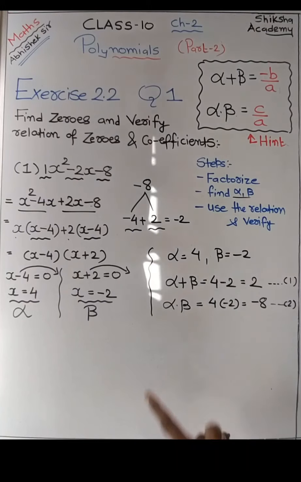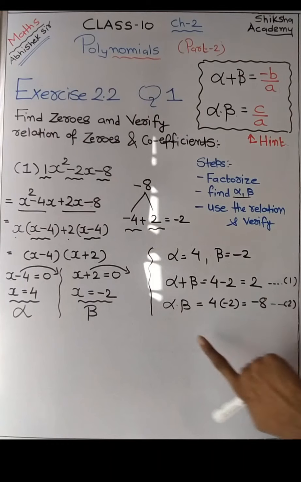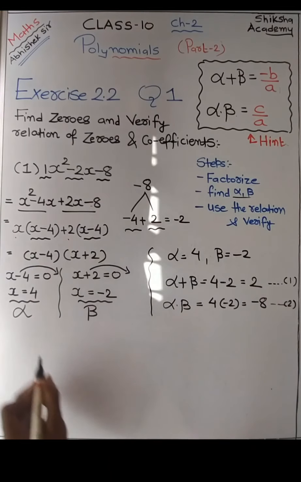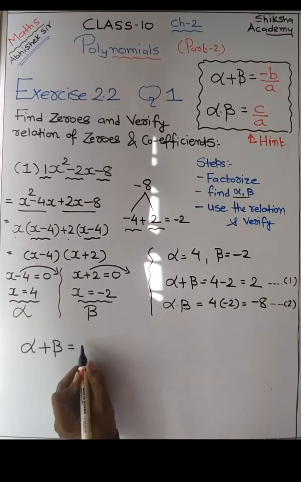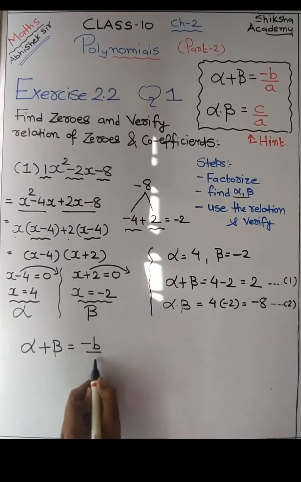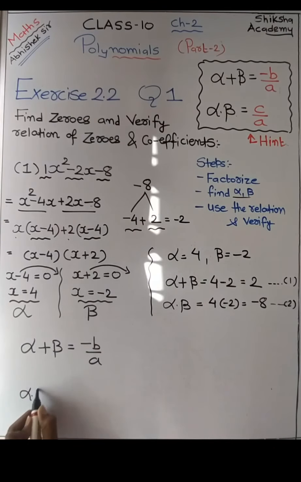Now let us go with the hint box. Let us verify whether by this relation also the zeros' addition is 2 and product is -8 or not. So let us go for that. Alpha plus beta equals minus b by a, and alpha into beta equals c by a.